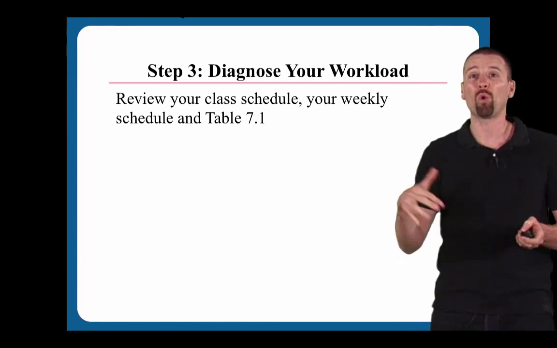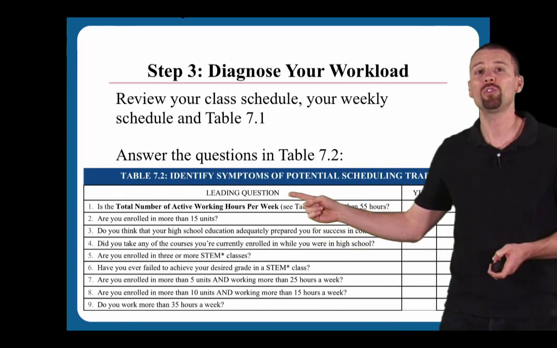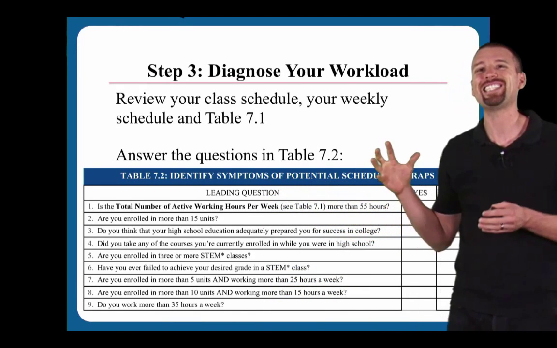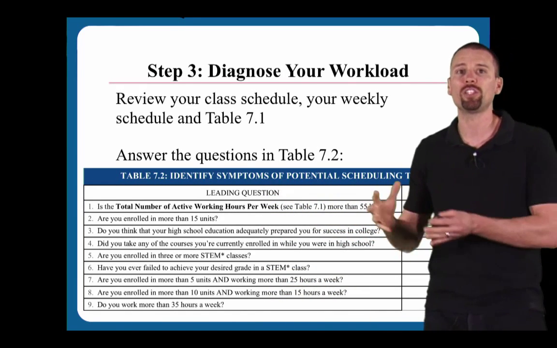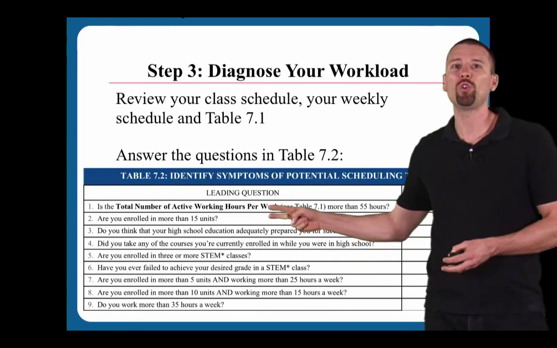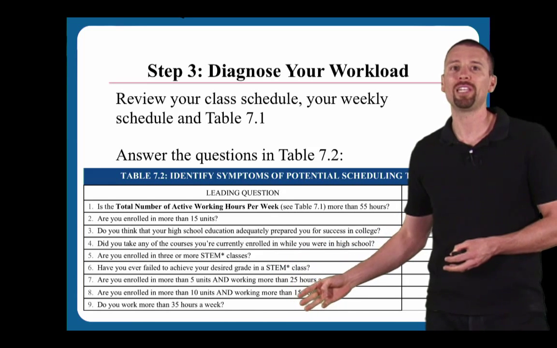Okay, so first thing that we want to do is diagnose your workload. So take a look at the workload that you signed up for this quarter and decide whether or not that's for you. To help you do this, we're going to fill out this table of leading questions, and this helps you identify symptoms of different scheduling traps. So you'll notice that there are 9 questions, and they're kind of grouped by 2s, except for the last 3. Those are grouped together.